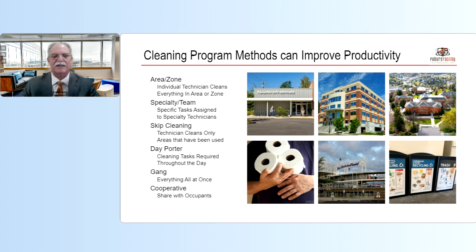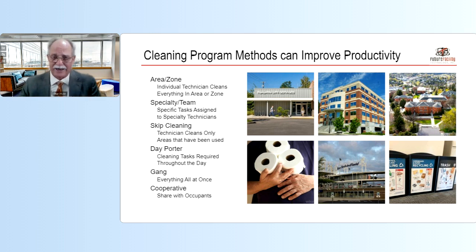It's got about 6 floors in it. So that's going to take more than one cleaner to get that building clean. So then you could do it with area or zone cleaning, but it may not be as efficient or as effective as cleaning it with a specialty team, which is specific tasks assigned to specialty people.